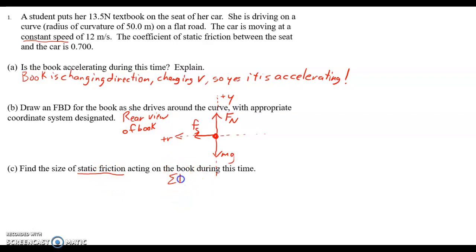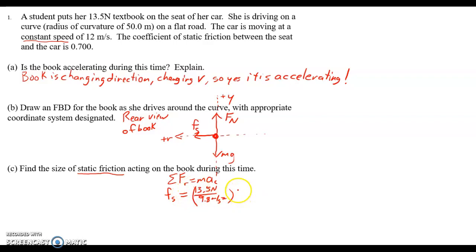So we can sum the forces in the R direction. That's equal to m a_c. So Fs equals the mass of the book. The mass of the book is 13.5 newtons divided by 9.8 meters per second squared. That's the mass.